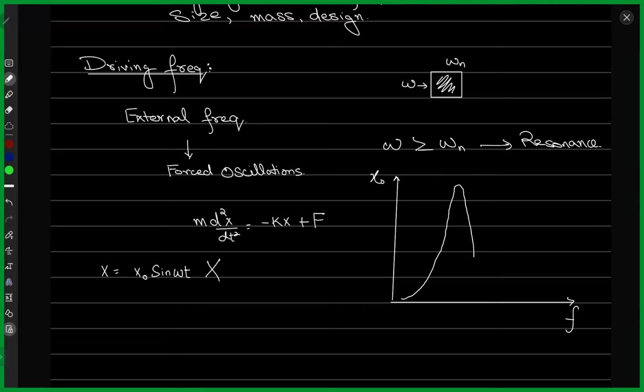The amplitude is maximum when the frequency is equal to the natural frequency, and that's when all the disasters can happen, collapse of buildings and so on that we talked about.